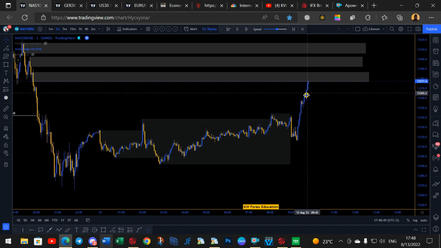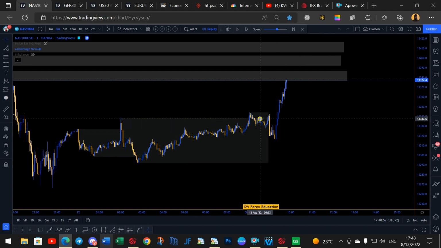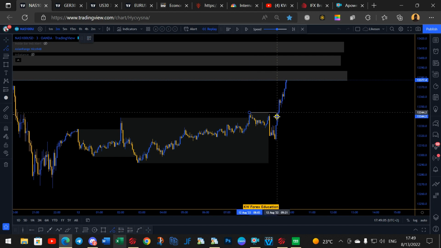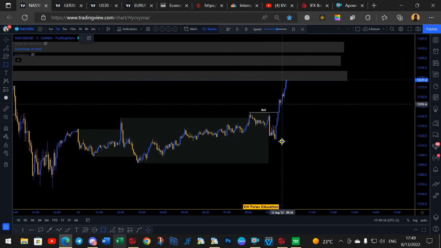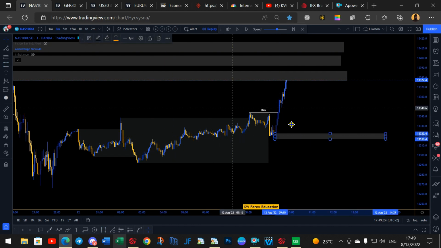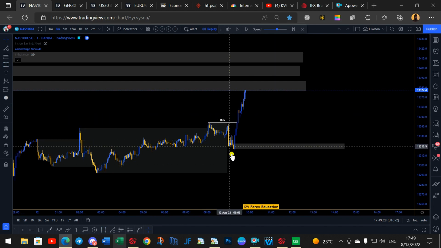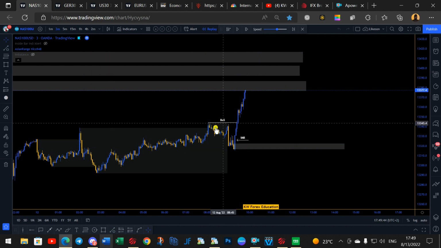But before we look at that, we also now look at what was happening down here, right? So from the look of things, after price went all the way up, after it made that break of structure to indicate that price was going up, now we have an order block that has been left there, and also we have imbalance that has been left here, that we know that price needs to come fill up before it can continue going up.